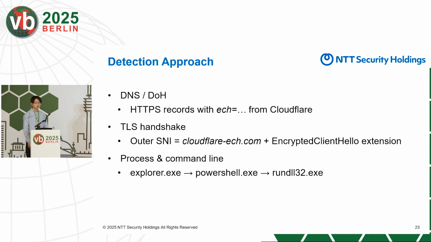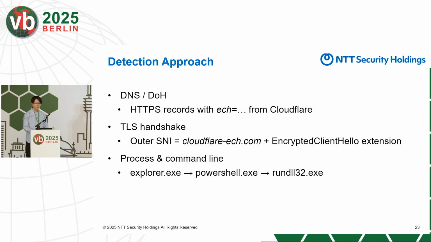To catch ECHidna, we watch 3 data layers and then combine them. First, DNS traffic. We flag any HTTPS record whose ECH field comes from Cloudflare. Second, the TLS handshake. We look for the outer SNI cloudflare-ech.com together with the encrypted client Hello extension.